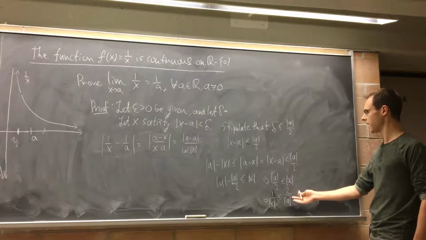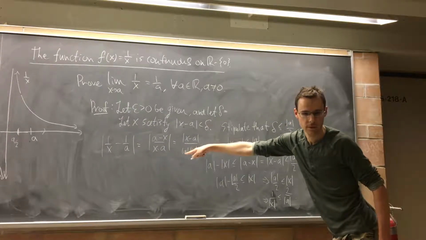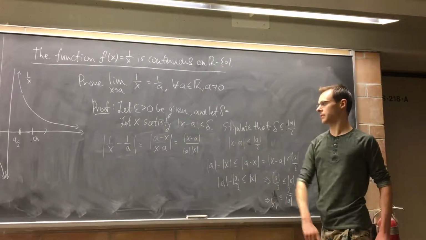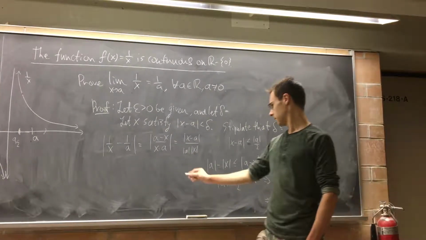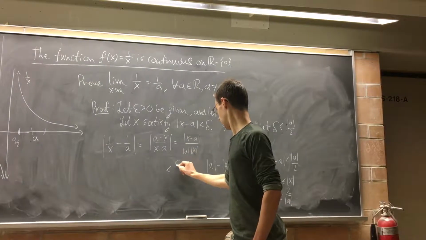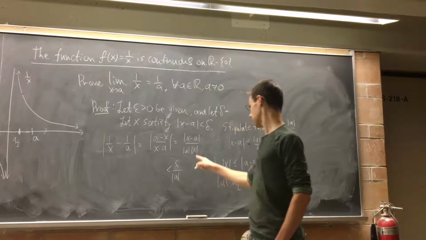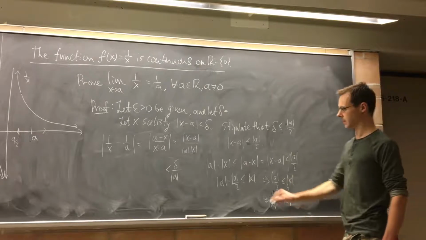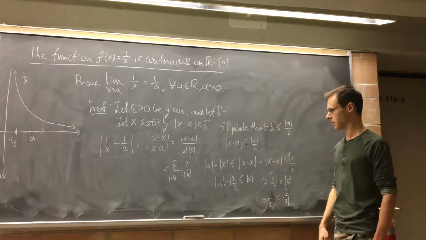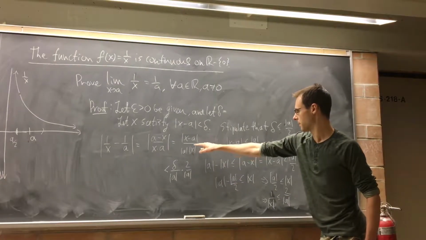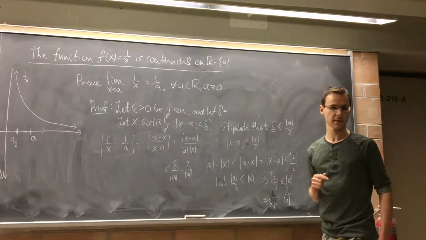And now we can put that in our proof. So the abs x minus A at the top is less than delta. And then we can replace the abs x in the bottom with a 2 over abs A. Okay? Like that. All right? 1 over abs x gets replaced with 2 over abs A.